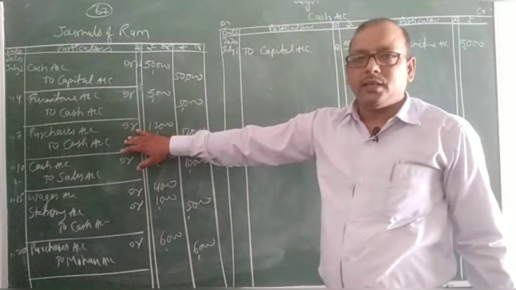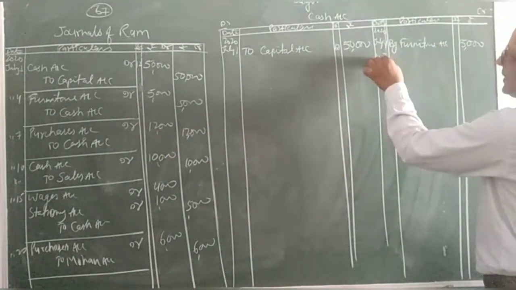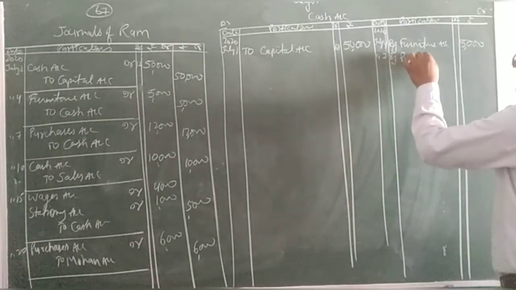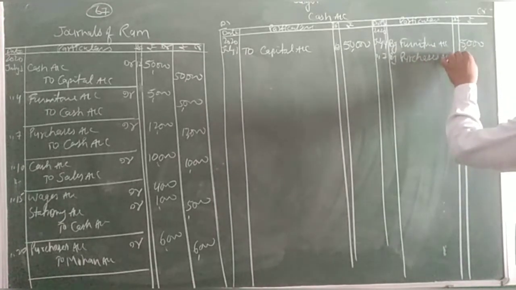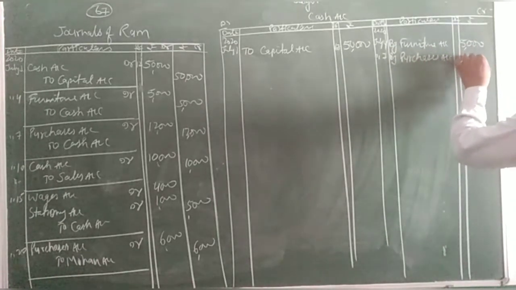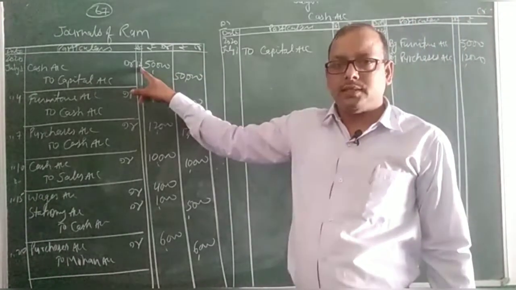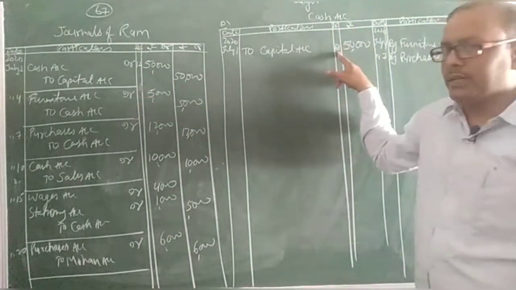Again cash is credited, so posting is on the credit side. July 7, the opposite account is purchases, so by purchases account the amount is 12,000. Remember, I have written LF number 12 here and JF number 67 here.